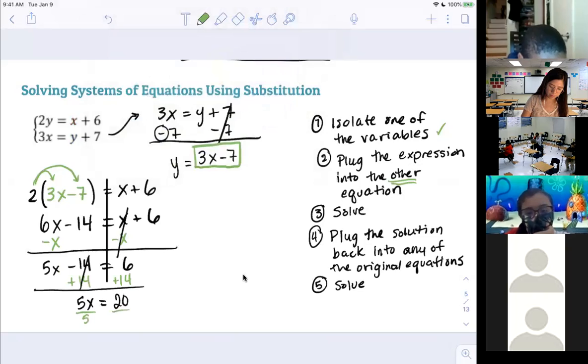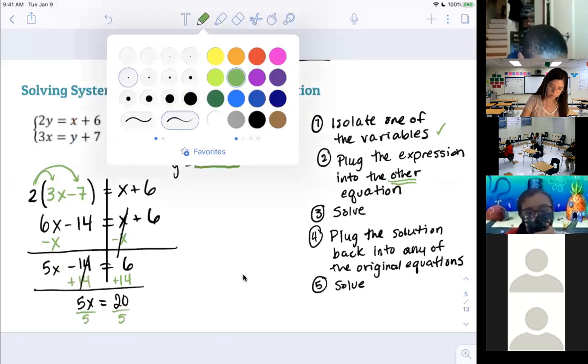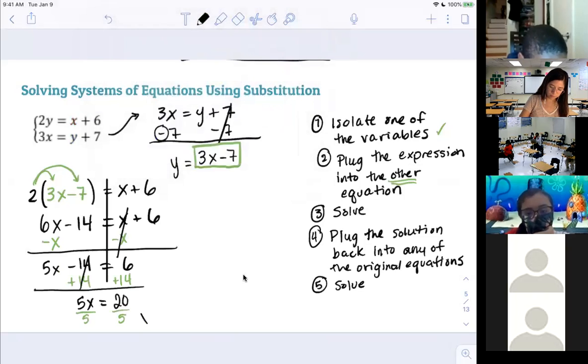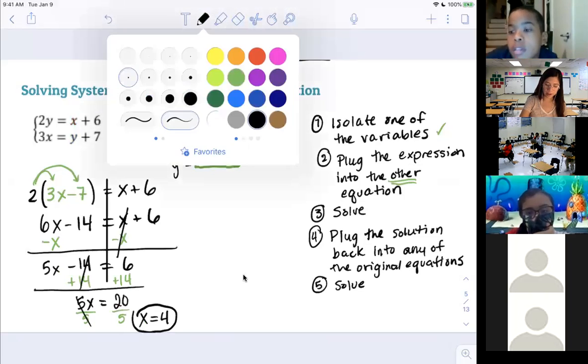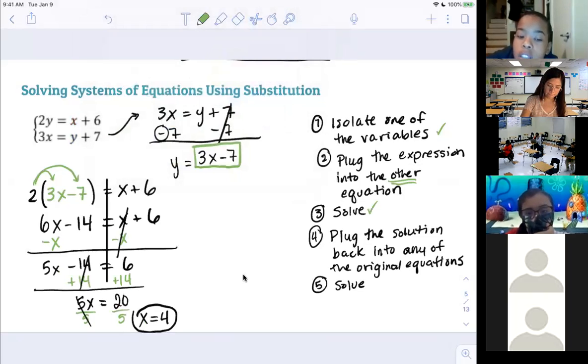Good. Which means y equals... Okay, which means y is 5. And how did you get that? Because 3 times x is... no, 12. 12 minus 7 is 5.